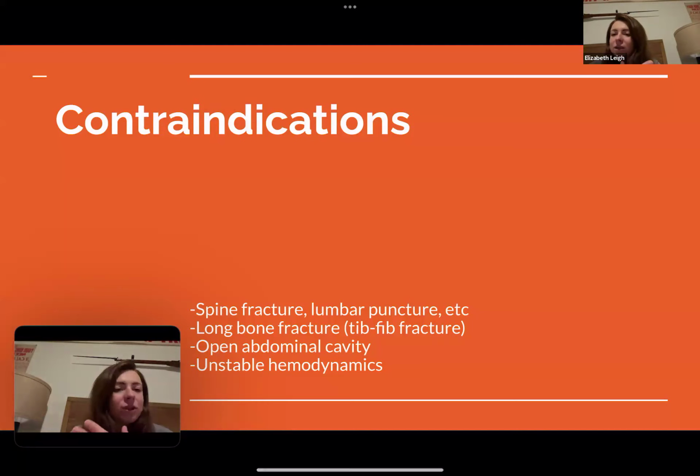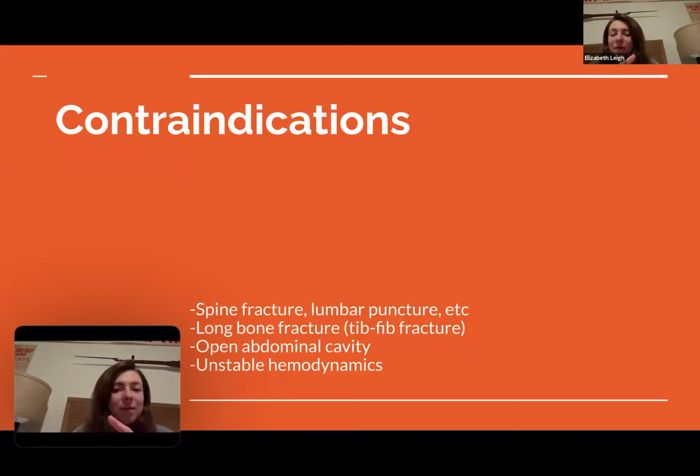So some contraindications, obviously, if the patient has a spinal issue, like some type of spinal fracture, maybe they have kyphosis or scoliosis, or something where they can't really lay on their stomach in that way, some type of lumbar puncture. I actually recently saw a long bone fracture, a really bad tib fib fracture.